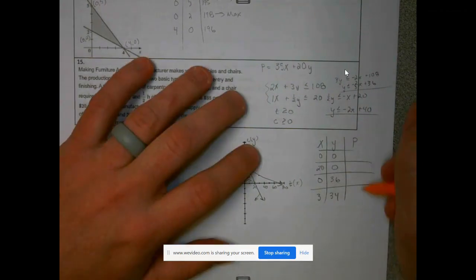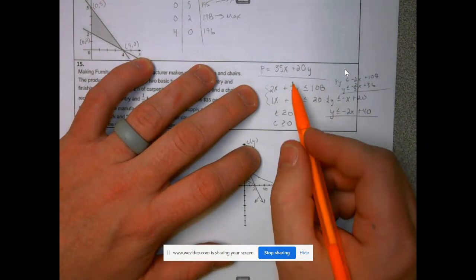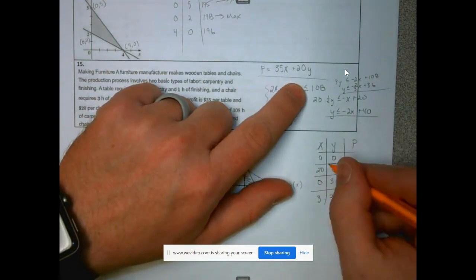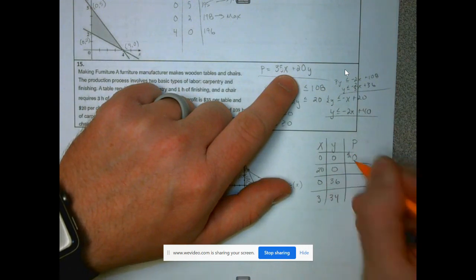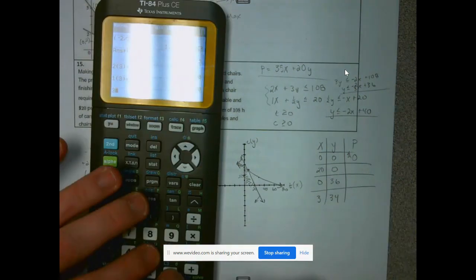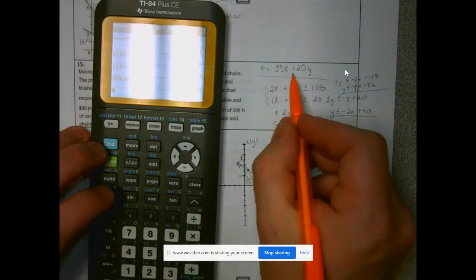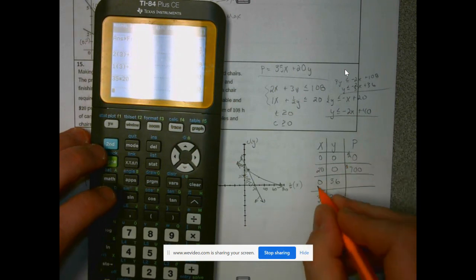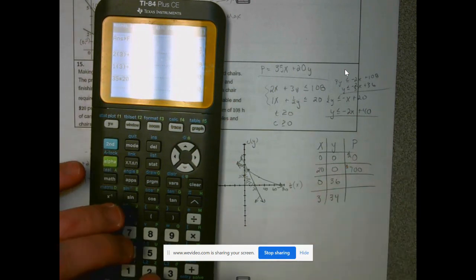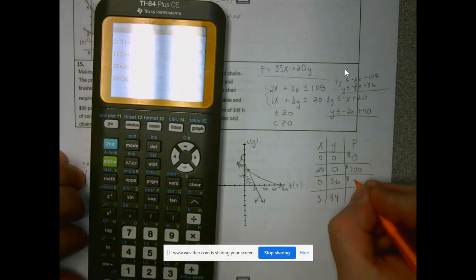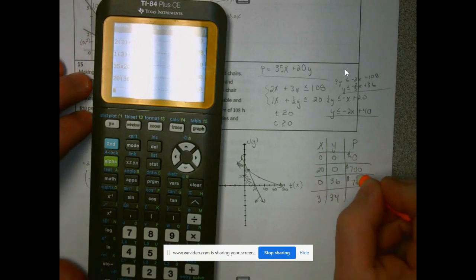Now we're going to find the profit, which was this equation right here. So we're going to plug x and y into that profit equation. So if I plug 0 and 0 in, I make 0. We have 35 times 20 plus 0, 700. And we have 0 plus 20 times 36, 720.